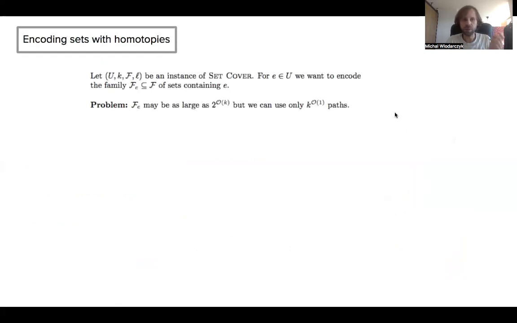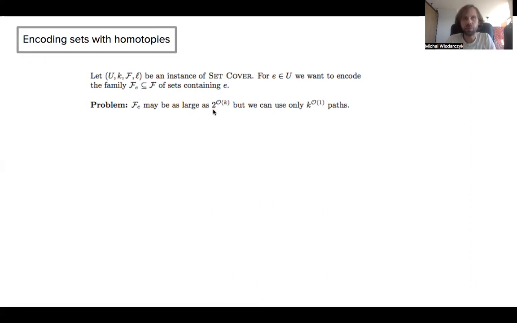To be more precise, consider an instance of set cover with universe of size k, set family F, and target L. And now for element e from the universe, we would like to encode the family of sets containing this element. And the challenge is that this family might be as large as 2 to k, but in order to have a meaningful reduction, we can only use poly k paths.